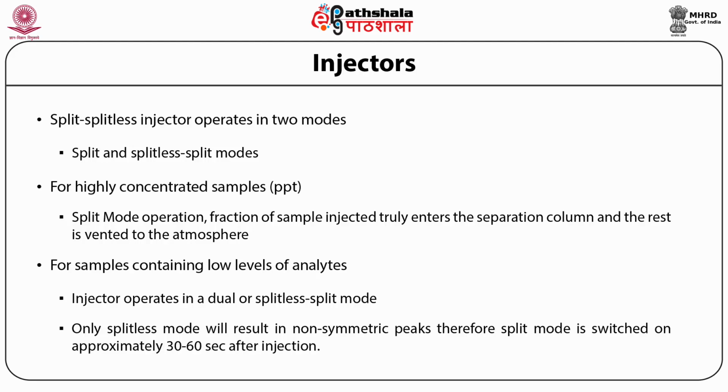To overcome this problem, split mode is switched on approximately 30 to 60 seconds after injection. This dual splitless-split mode permits the majority of the sample to load onto the column while clearing the remaining sample to allow for a clean, well-shaped chromatographic peak.